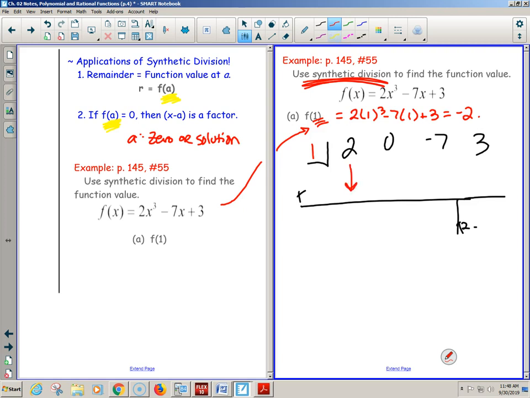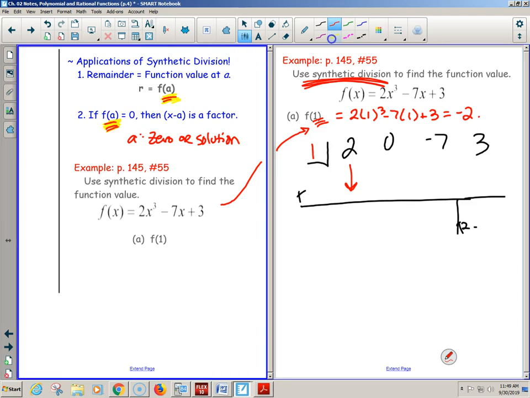So to use synthetic, literally, we are putting the polynomial f of x in my coefficients as though it was the numerator. We're putting the function value they want plugged in into the box. So this a guy, we're putting him into the box and we're doing this synthetic division with him.